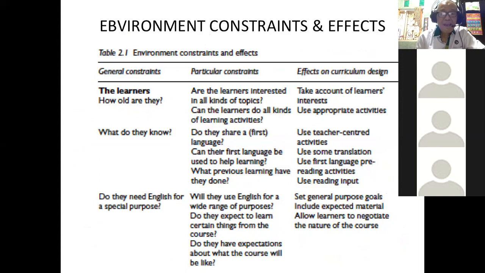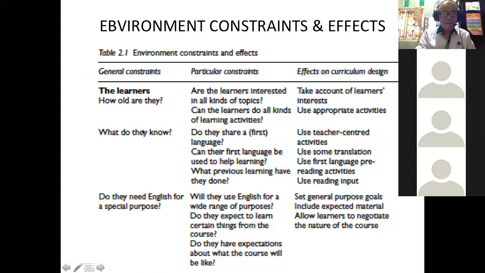Try to analyze the three factors of the environment: the learners, the teacher, and the situation, and identify the constraint. About the learners, you have to ask at least three of them, or maybe if you consider that there are only two important factors in learners, you are not going to deal with the age, for example, because they are the same age, and then you just ignore how old they are.